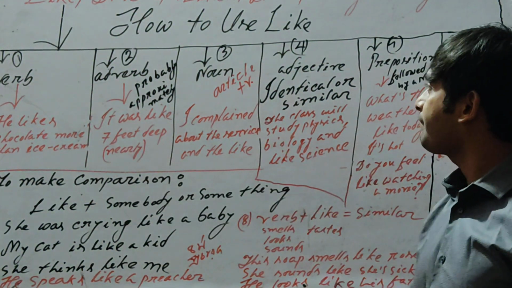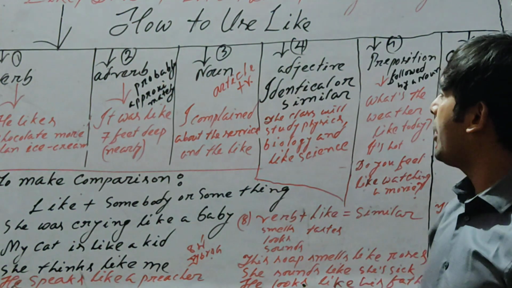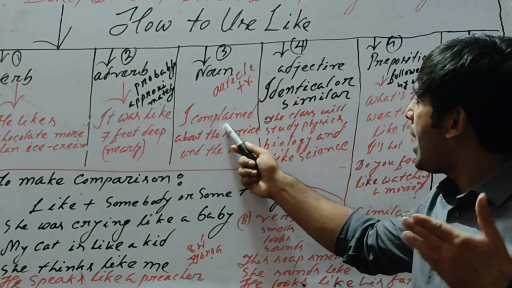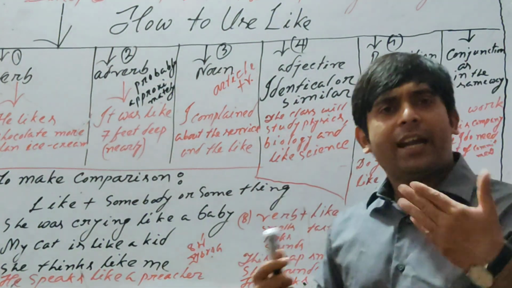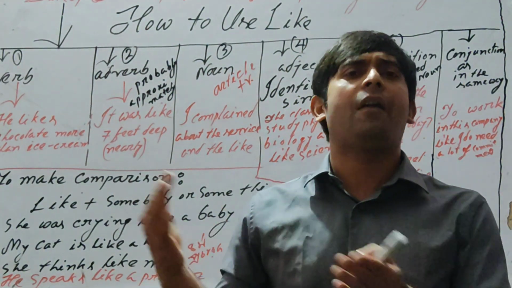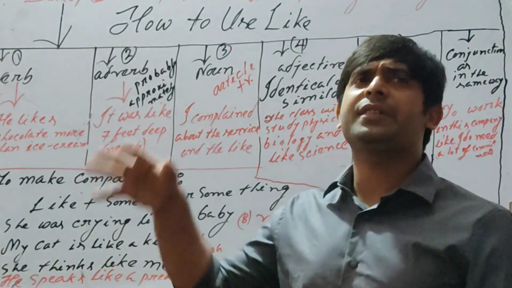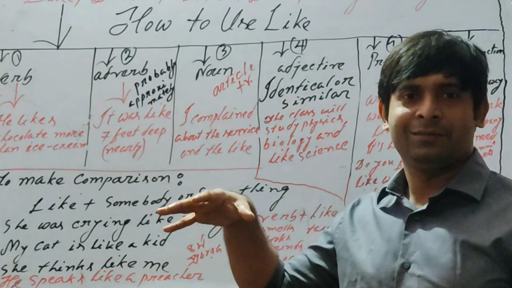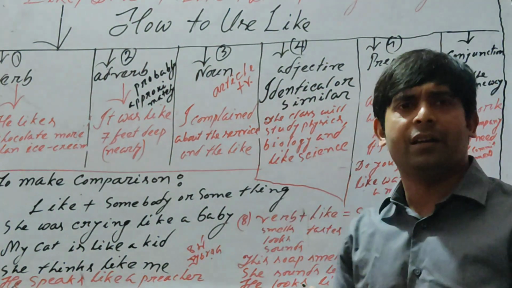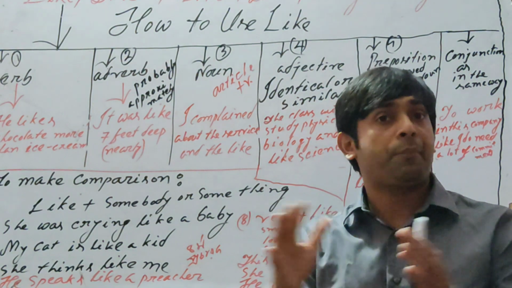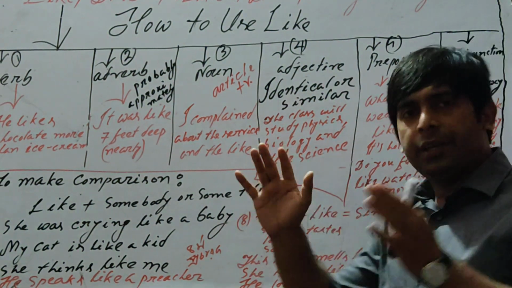The next one, noun. How does it describe as a noun? There is the example: I complained about the service and the like. For example, if you like to travel to Cox's Bazar or any historical place, if you like to stay in a hotel, of course you need to get the environment properly.